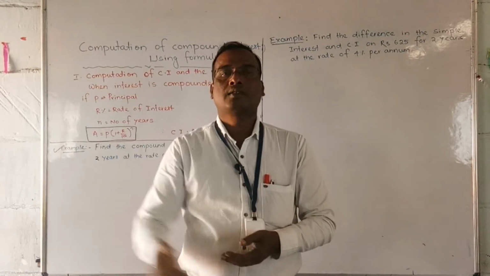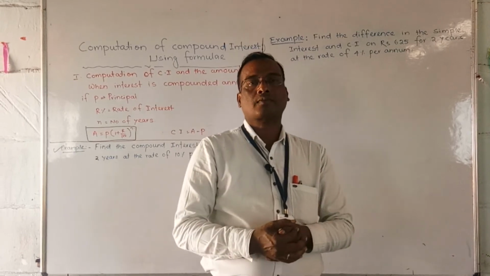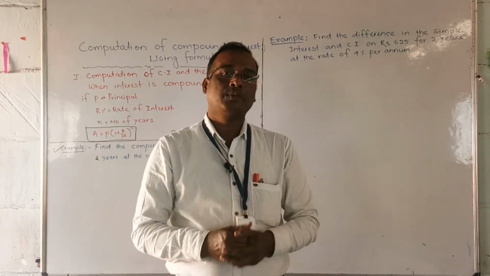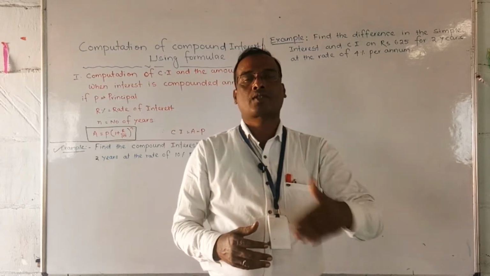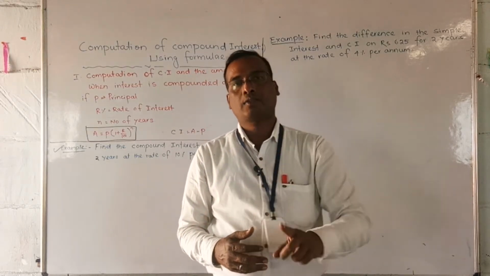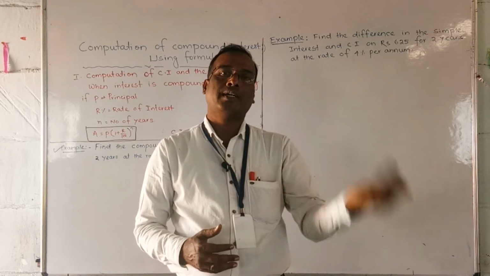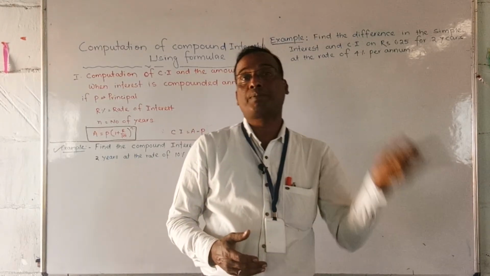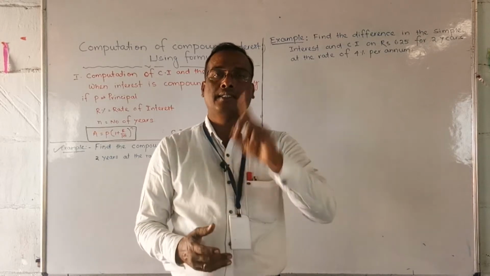Suppose it is given 3 years, so the conversion period is 3 times. At the end of each term you find the interest and add it to the principal. That amount will be the principal for the second year.